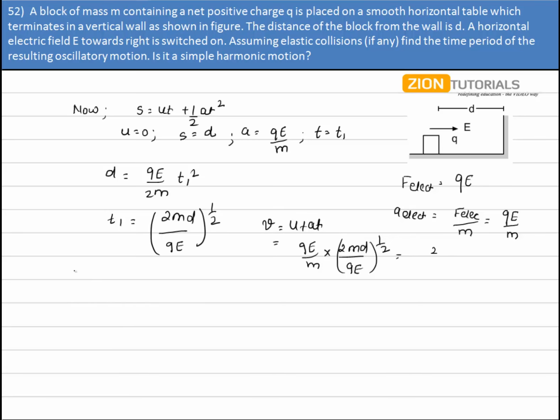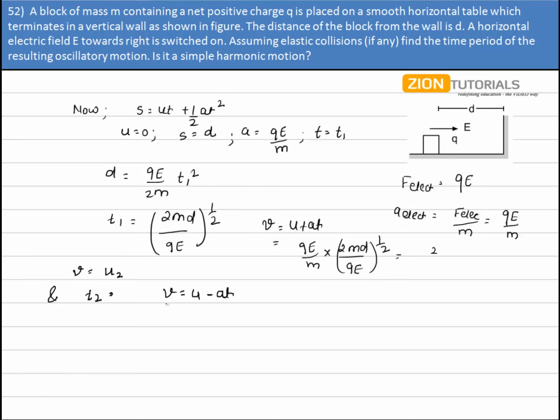So v will change into u2, and to calculate the time t2 we'll be using the equation v = u − at. We are using minus because in this case the block will decelerate, because the direction of the electric field is opposite to the direction of motion, but the magnitude of acceleration will still be the same.